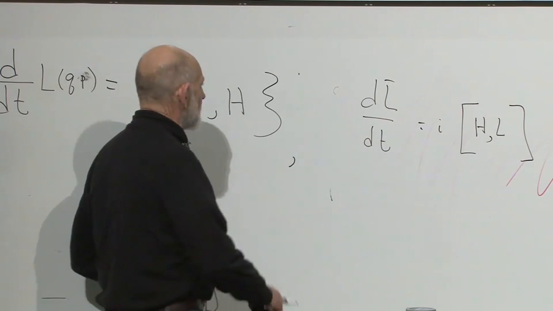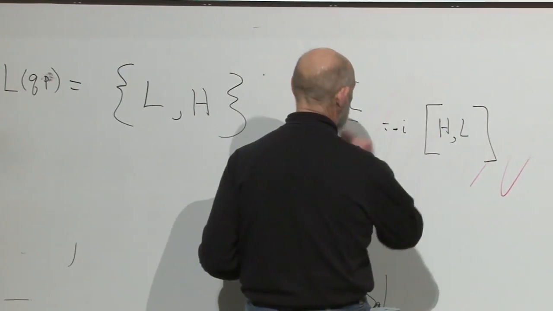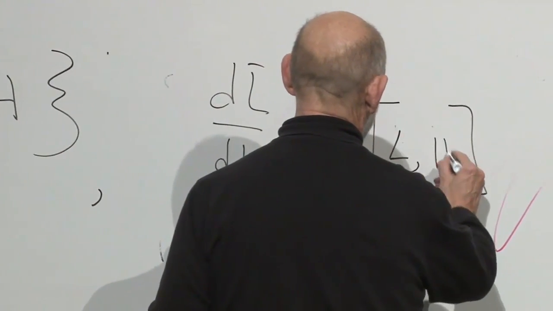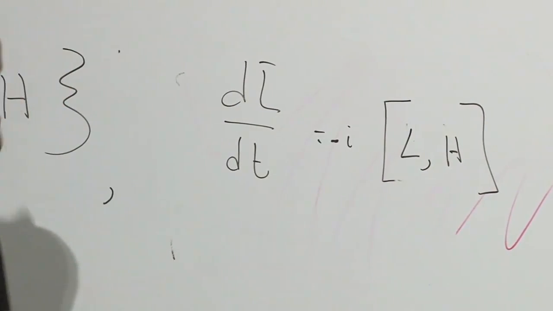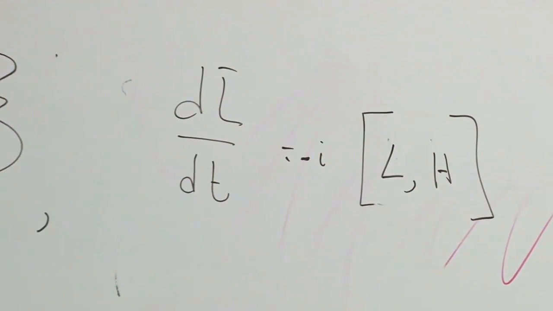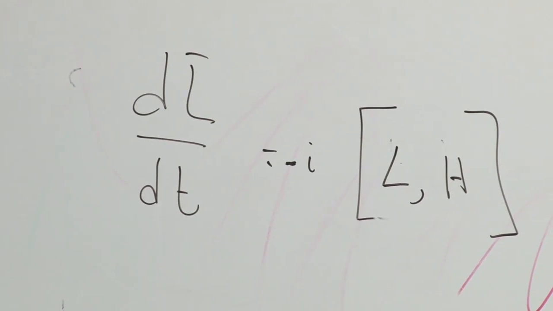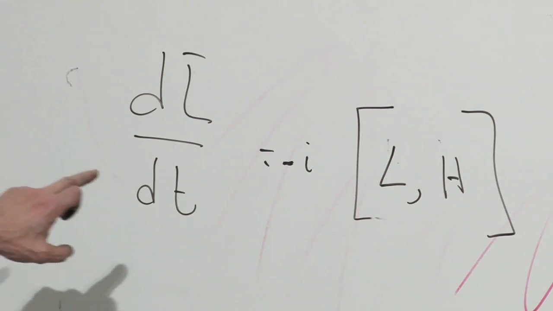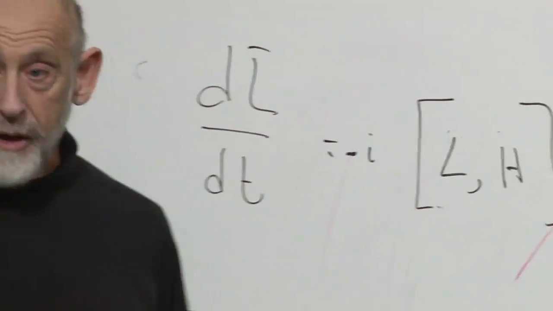So we can also write this as minus the commutator of L with H. There's a remarkable similarity, and it suggests that we identify the Poisson bracket with minus I times the commutator.